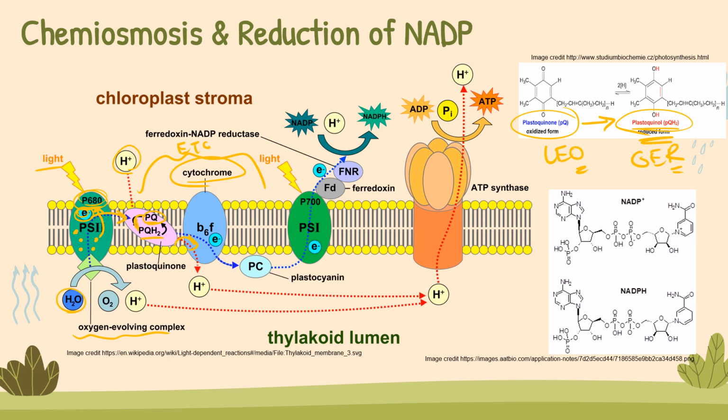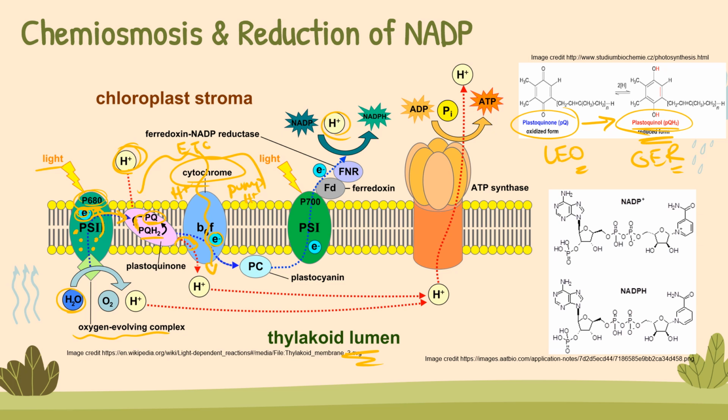The cytochrome's job is to use the energy from those electrons that have been excited. We're going to use that energy to pump protons, hydrogen ions, into the lumen of the thylakoid. So we're going to take these hydrogen ions that are here, and we're going to pump them into the lumen of the thylakoid.